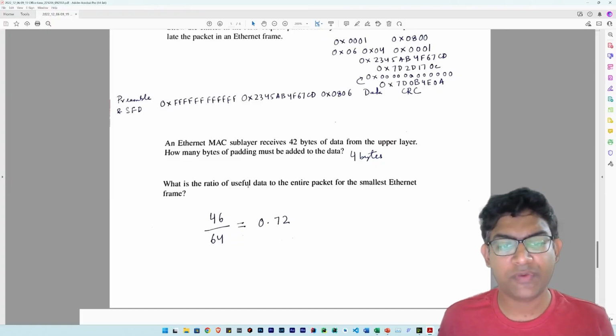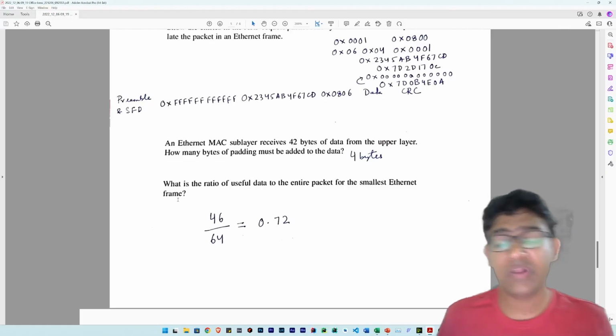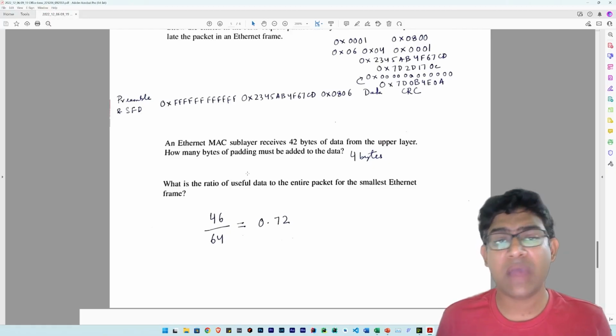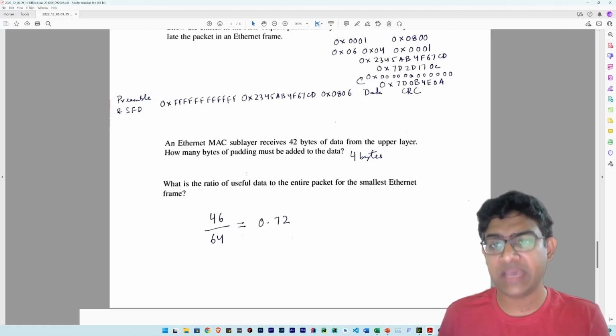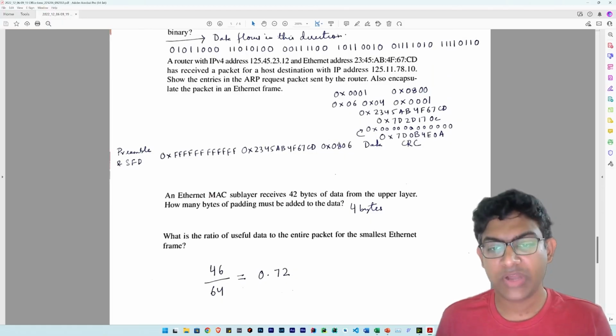What is the ratio of useful data to the entire packet for the smallest Ethernet frame? Well, the smallest Ethernet frame will have only 46 bytes of useful data, because that is the minimum that is allowed. And if you add the addresses and the types and CRCs and all of these other things, it will become, for 46, and you add these addresses, right? 6 bytes, 12, plus 2 is 14, and CRC is 18.